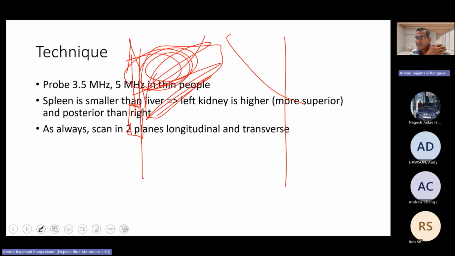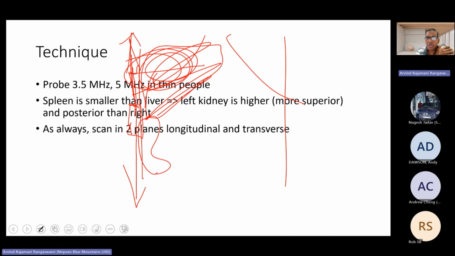Okay, because the liver is the easiest organ in the abdomen to identify because of its size. Once you get the liver, then what you do is you go laterally to the flank, same probe orientation facing 12 o'clock, and then slowly slide the probe inferiorly, and lo and behold, you should be able to find the kidney.